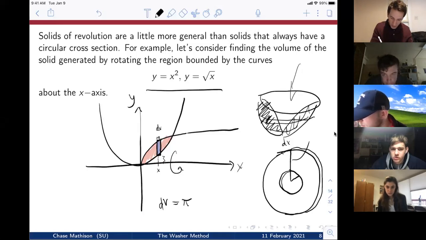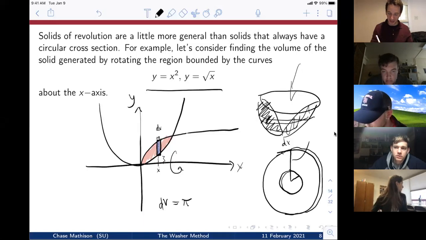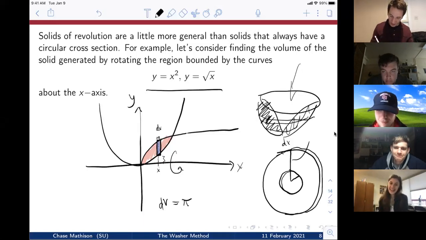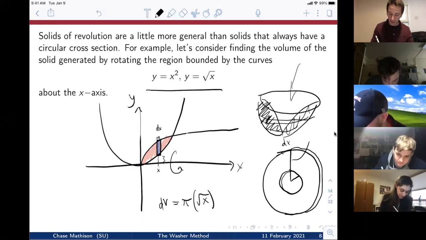Well, that's going to be that distance from the x-axis up to the top curve, right? What is that distance? Yes, Mark said it, but he's muted, but I heard it in spirit. That's going to be the square root of x, pi times the square root of x, and then squared dx.